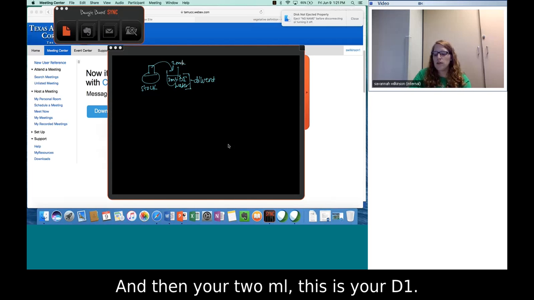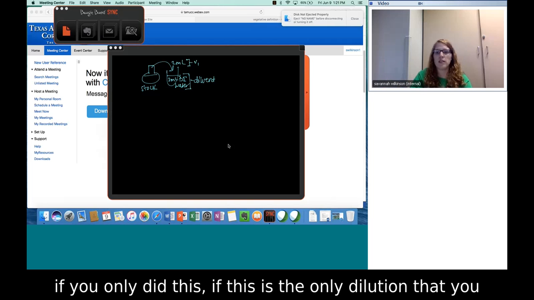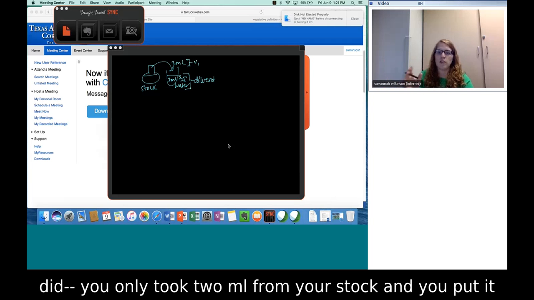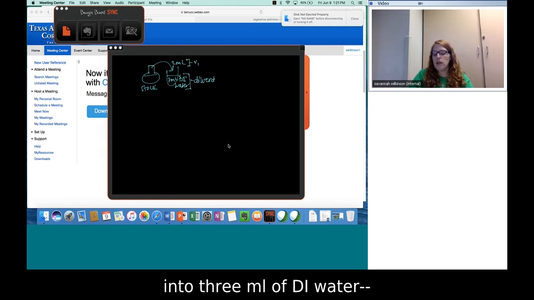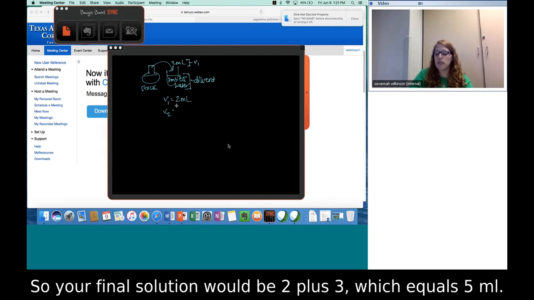And then your 2 mils is your V1. And then your V2, if this was the only dilution that you did, you only took 2 mils from your stock and put it into 3 mils of DI water, then in this case your V1 is 2 mils and your V2 for your final solution would be 2 plus 3, which is 5 mils.